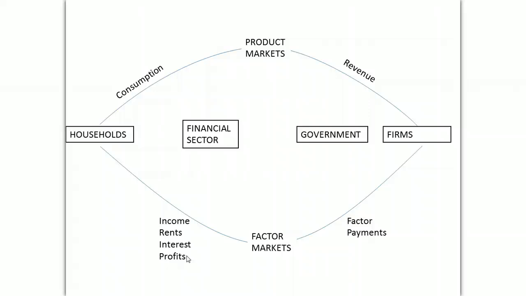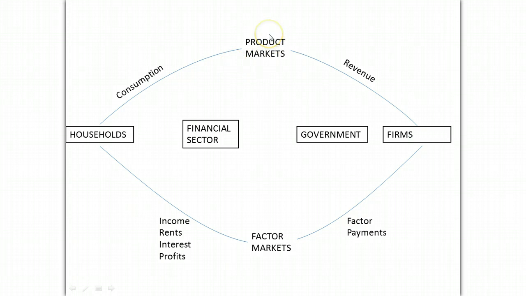So then if we look at the loop at the top, what occurs once the households have this money? To a large part, if we limit it to the interaction between households and firms, households will spend that money. So it will fund household consumption, and this will take place in product markets.